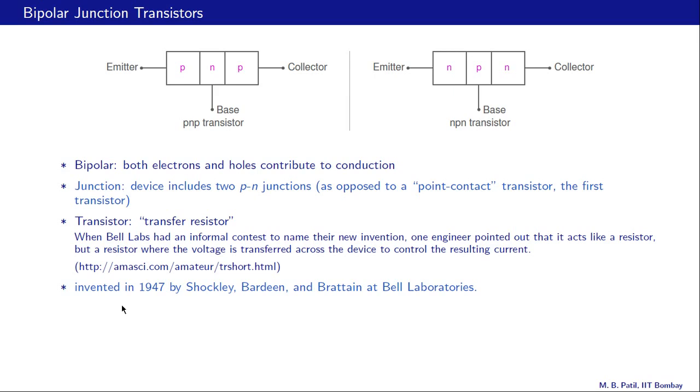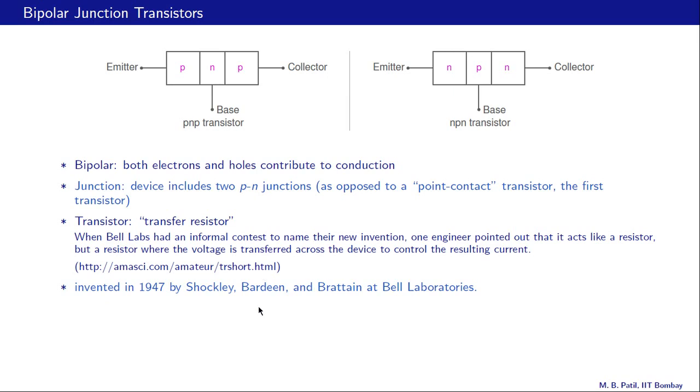As we mentioned, the bipolar transistor was invented in 1947 by Shockley, Bardeen, and Brattain at Bell Labs, and the device they came up with was substantially different than the bipolar junction transistor that we use today.